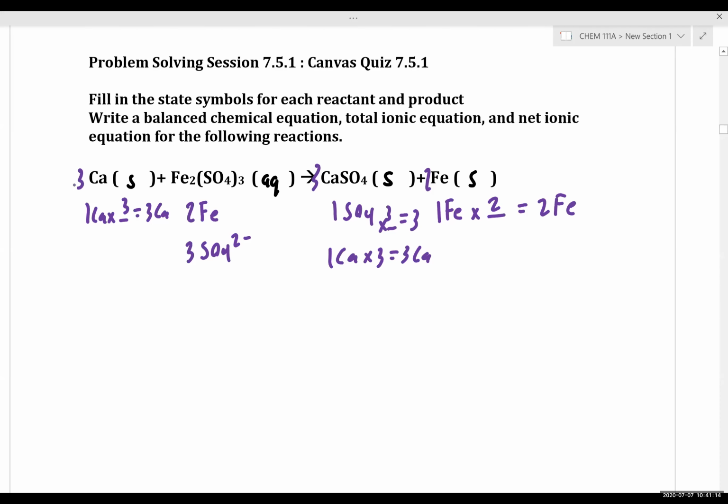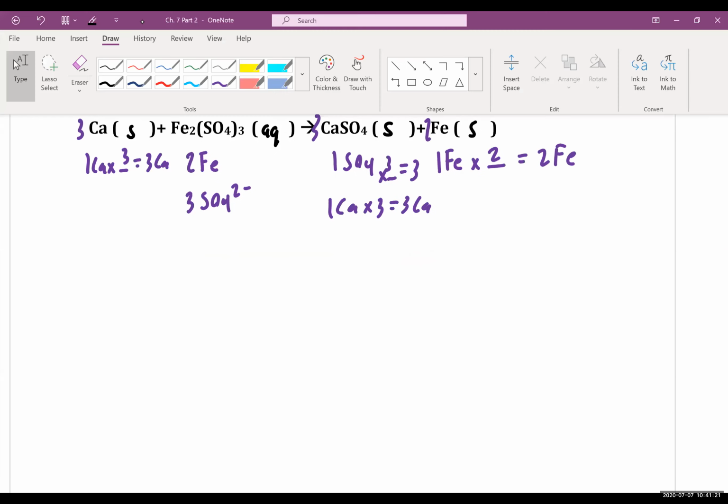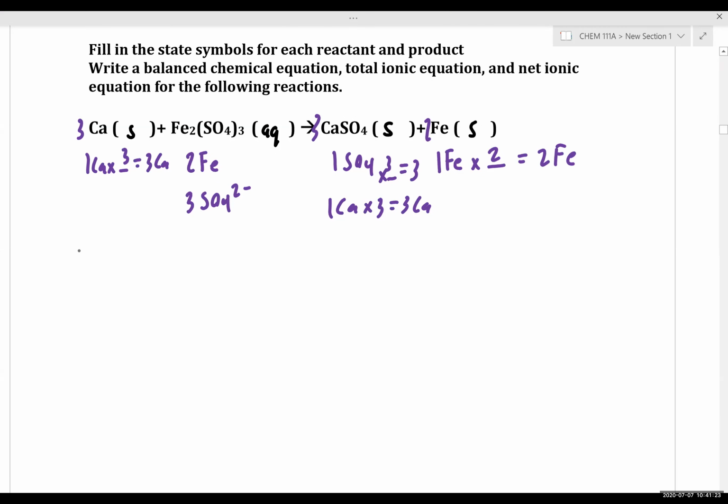Okay, so let's discuss this example. There may be cases where nothing cancels out. And that's an important principle of net ionic and total ionic equations. Sometimes the net ionic and the total ionic equations are identical. So let's showcase that.